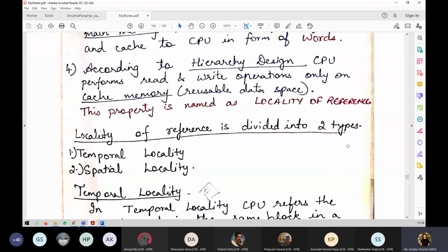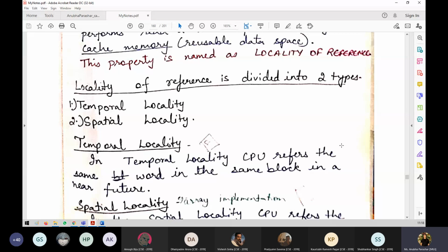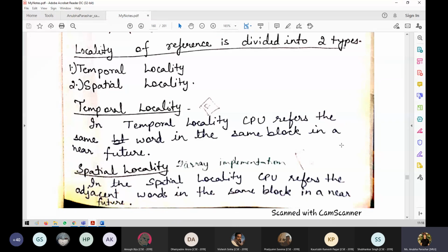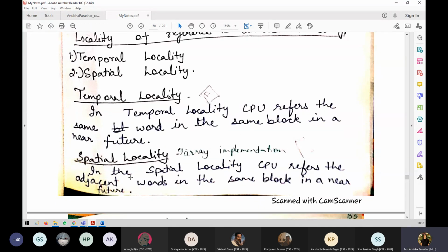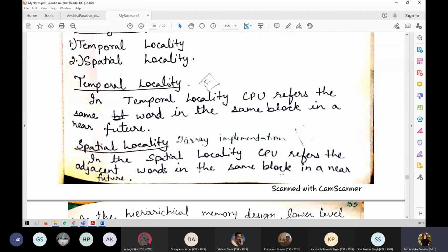Which locality of reference do we refer to? There are basically two: one is temporal, one is spatial. Temporal means it refers to the same word in the same block in the near future. And spatial means the CPU refers to the adjacent word in the same block in the near future.